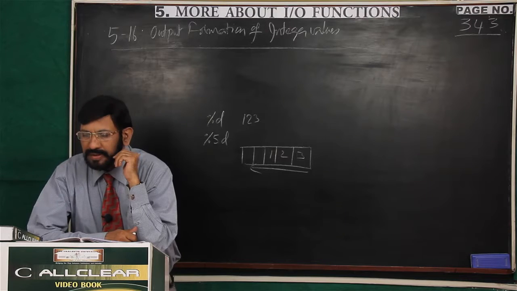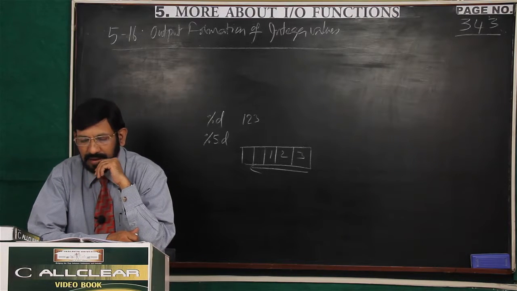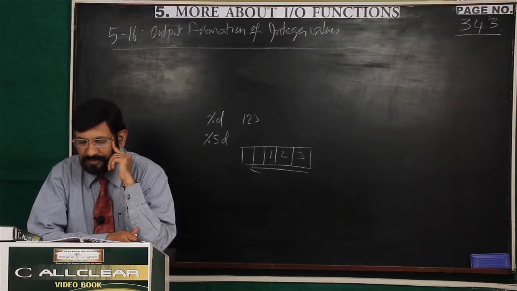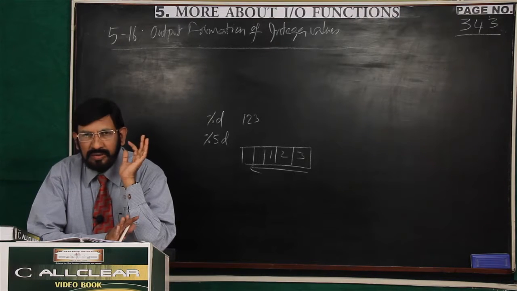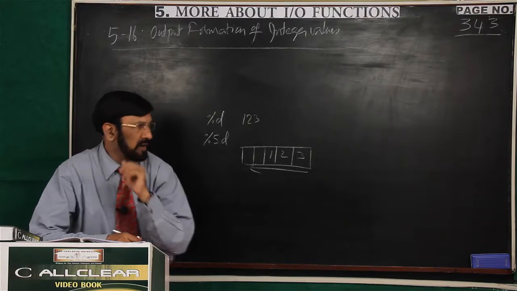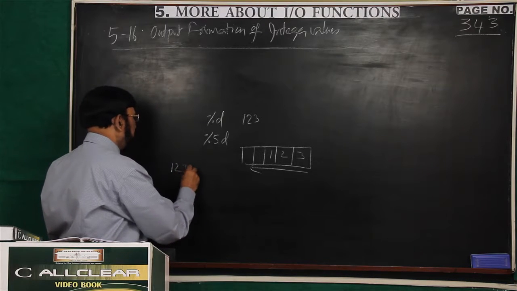Now you see page number 343. This is option case A. Here printf %d with 12,345. We haven't written any width, so 12,345 is just printed like that.